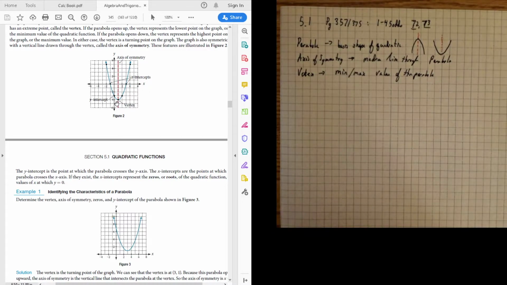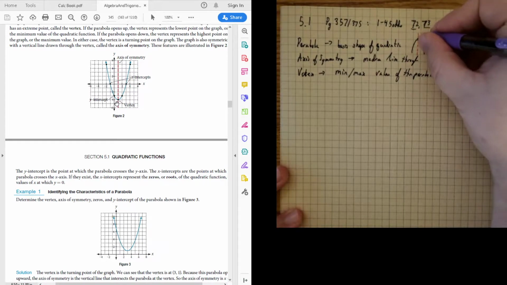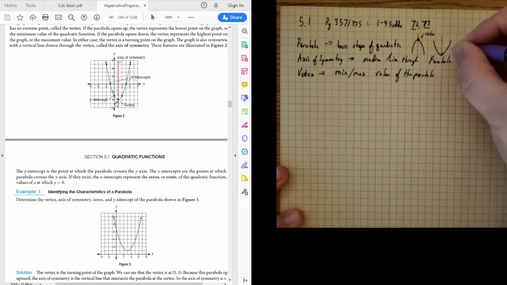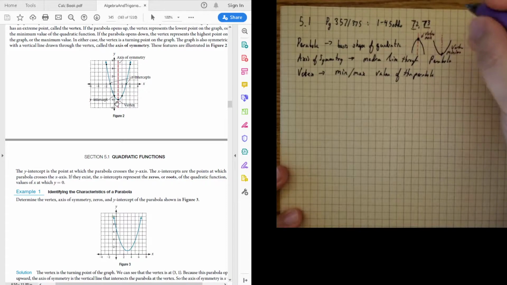So in this case, here in purple, this particular version of a parabola would have a maximum, whereas this one would have a minimum. But in this case, they're all vertexes. So we got a max and a min, but they're both vertexes.